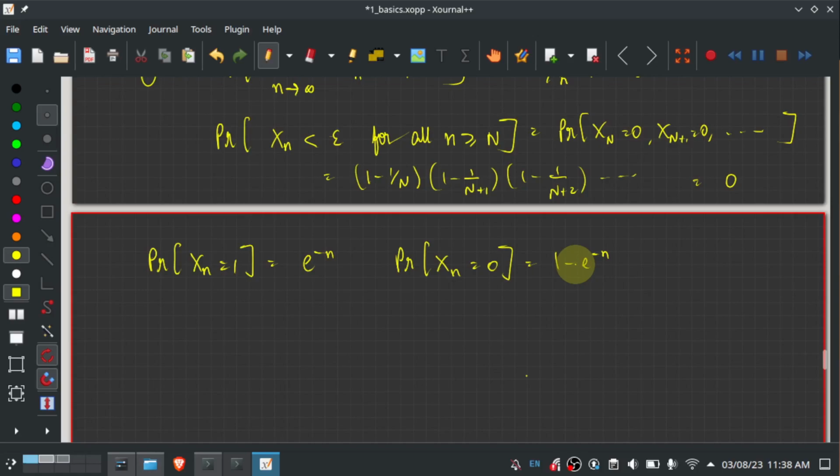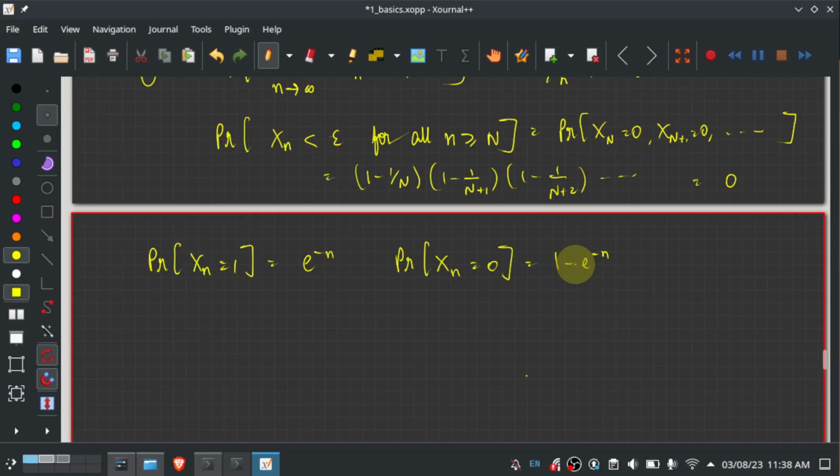Would something change? The probability that xn equal to 1 has reduced, right? So e to the minus n is less than 1 by n. So it decays much faster.